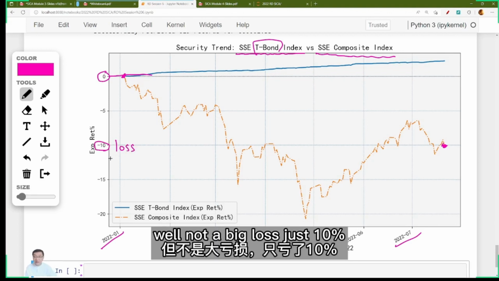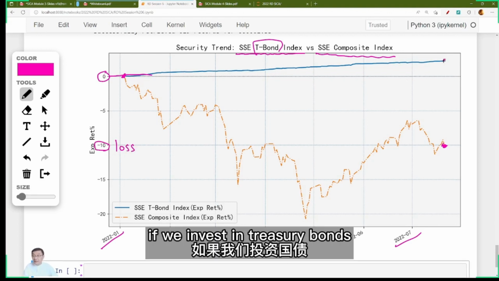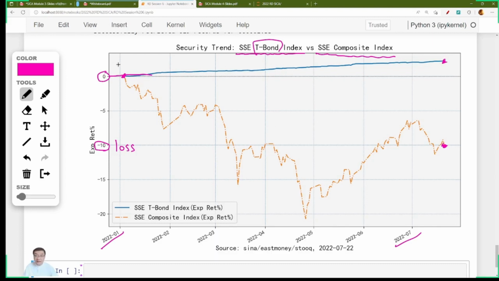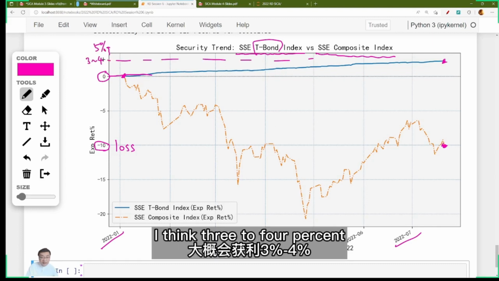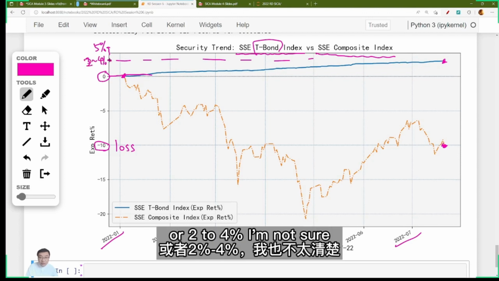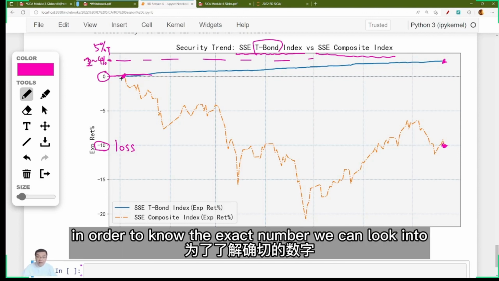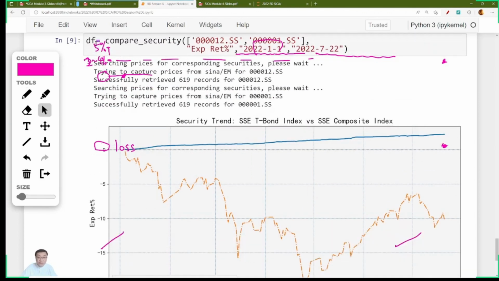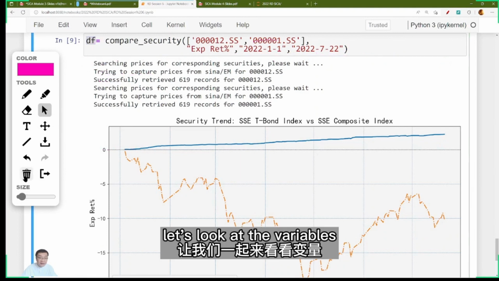Not a big loss, just 10%. If we invest in treasury bonds, I think 3 to 4%, or 2 to 4%, I'm not sure. In order to know the exact number, we can look into the variables, right? Let's look at the variables.